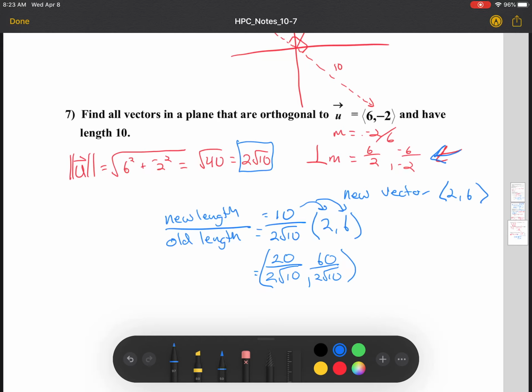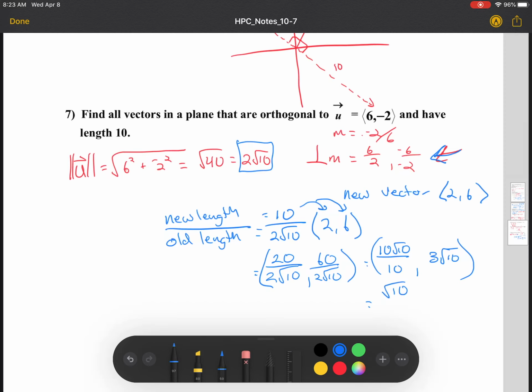Okay, you simplify that down. I mean, you simplify it, you rationalize it. After rationalizing, you get 10/10 and 3 square root of 10.